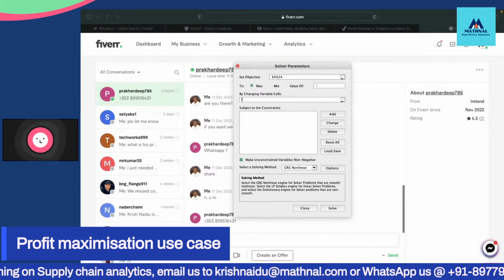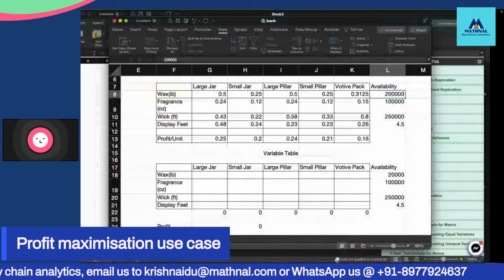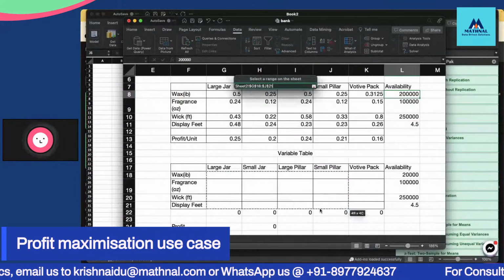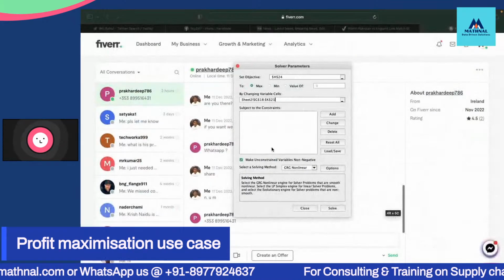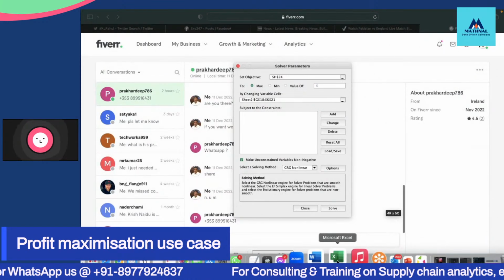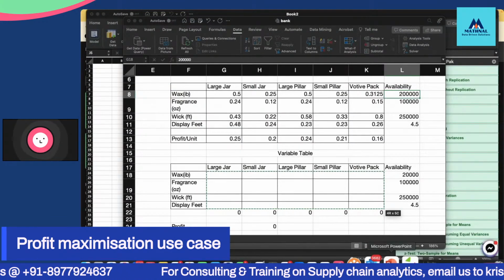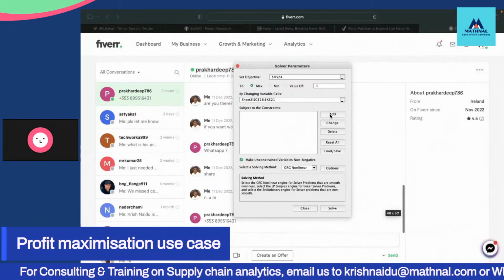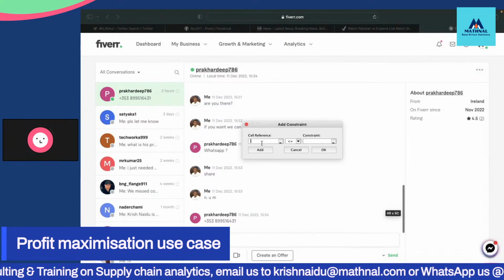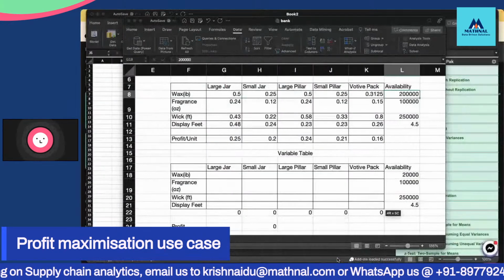I want to choose the variables now. I'll go back to Excel and choose the variable. So this is my variable. Let me check, G18 to K21. I'll go back to Excel. G18, K21. I think this is proper now. And I'm going to choose the constraints. I'll go back to Excel.